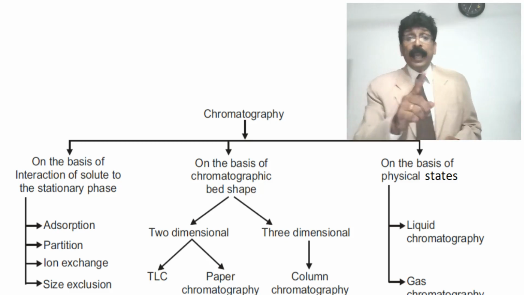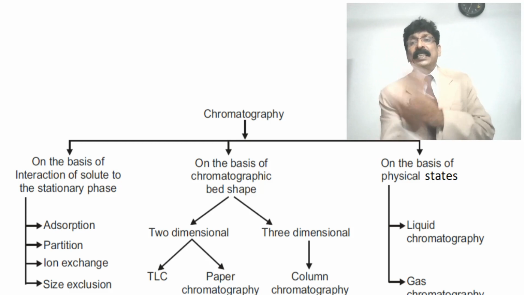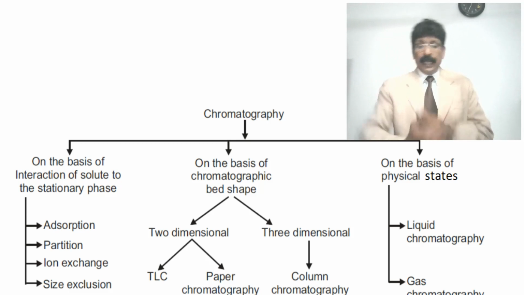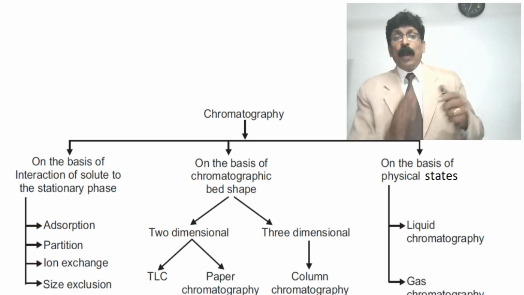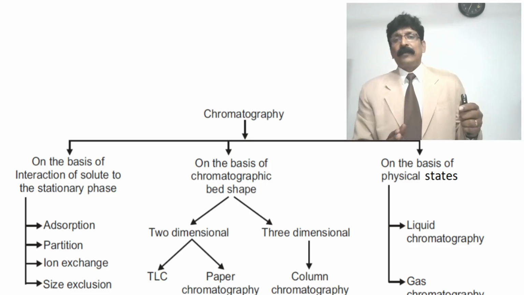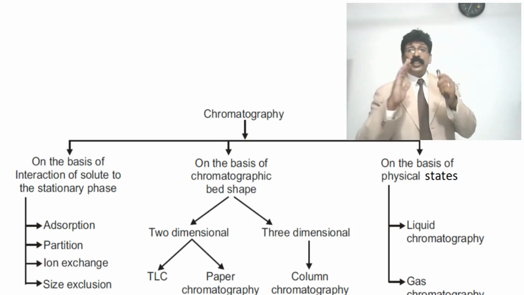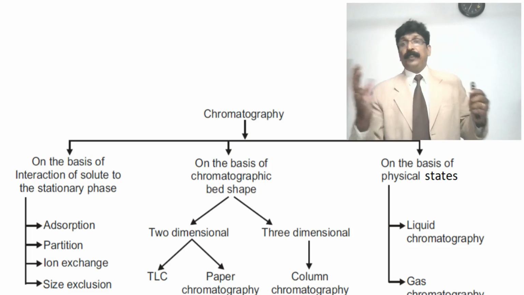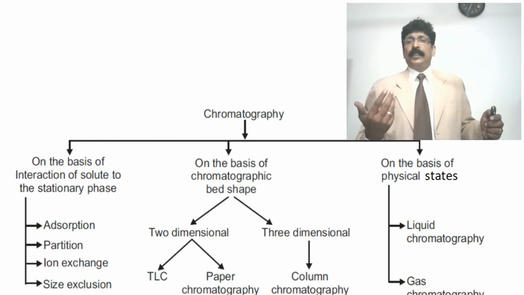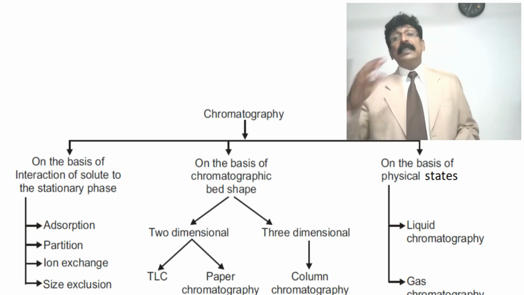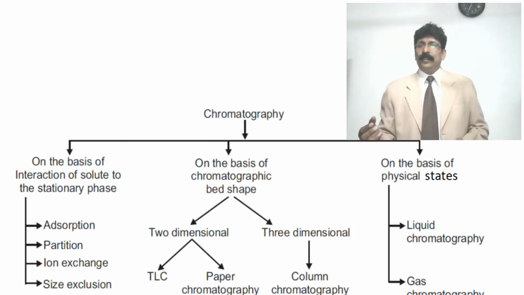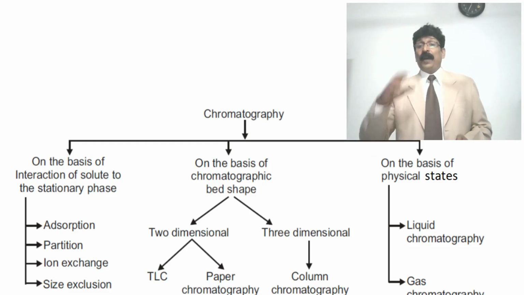But here, on the basis of the bed shape, thin layer and paper are X and Y, that is two-dimensional. Three-dimensional means the column chromatography, which is cylindrical. So that you can see, and on the basis of physical state also you can classify.